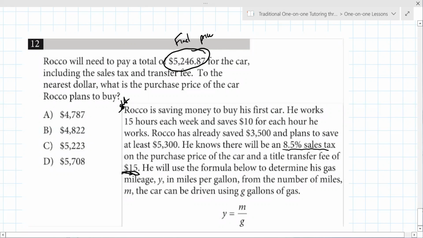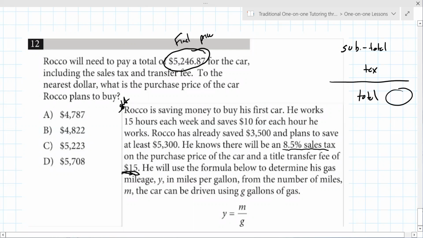Have you bought anything recently? Have you looked at a receipt where they charge you sales tax? There's usually a line that says subtotal, then tax, and then total. So they're giving us the total. We know the tax is some amount.